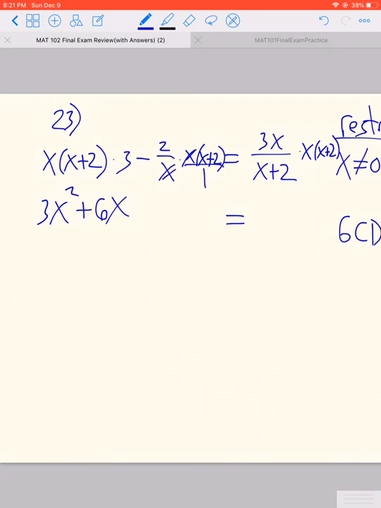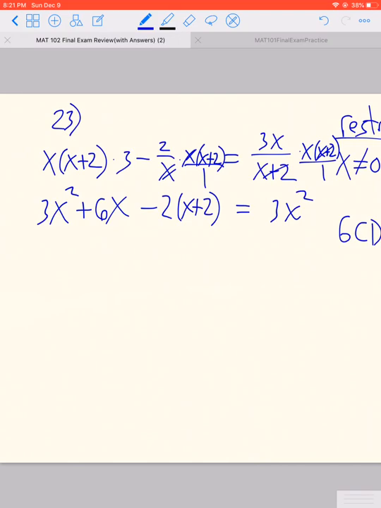Over here, the x's cancel, and so I'm left with a negative 2 times x plus 2. And on the right-hand side, think of it over 1. The x plus 2's cancel, and I have 3x times x, which is going to be 3x squared.